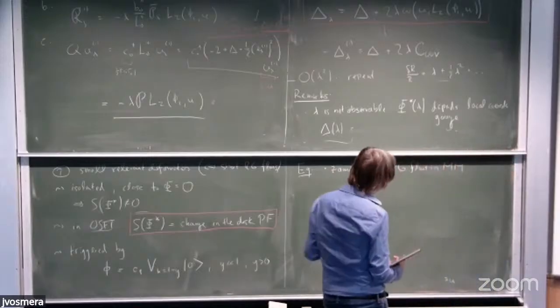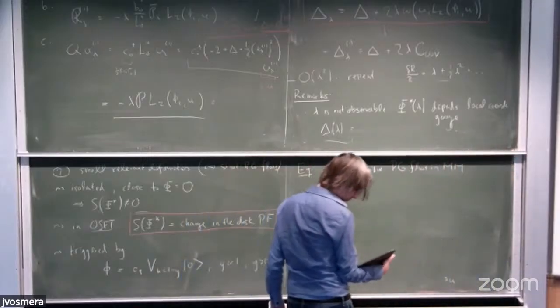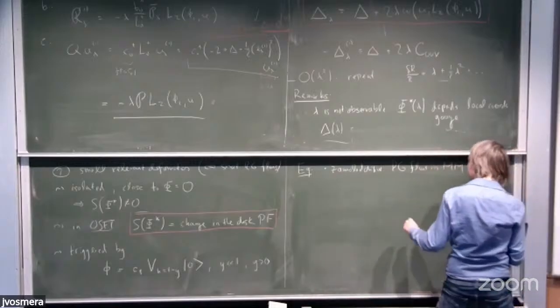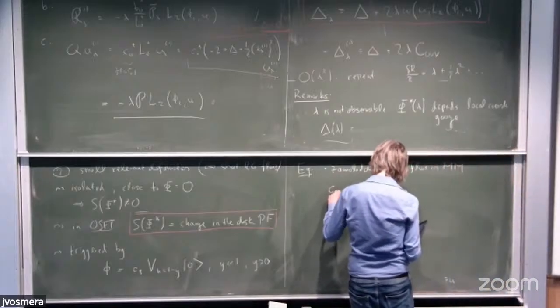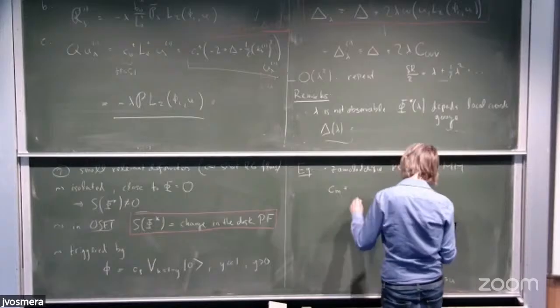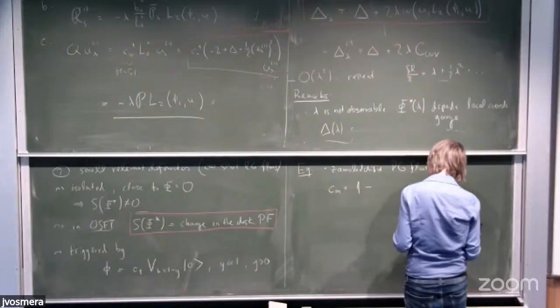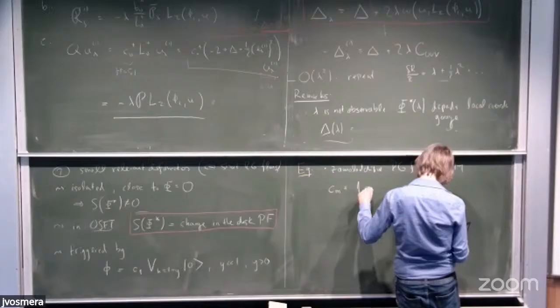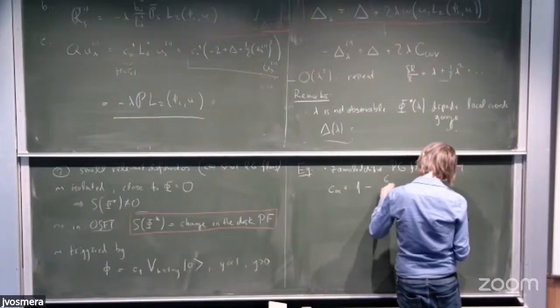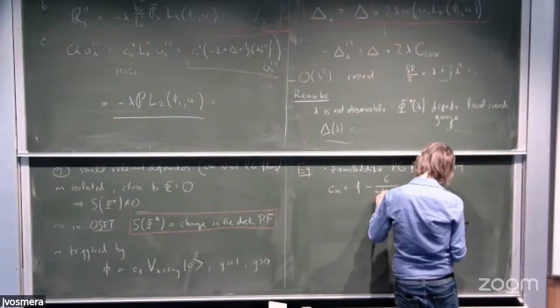As you may know, the minimal models, when I restrict to the unitary series of minimal models, have central charge c, which I can parameterize using an integer m as follows.